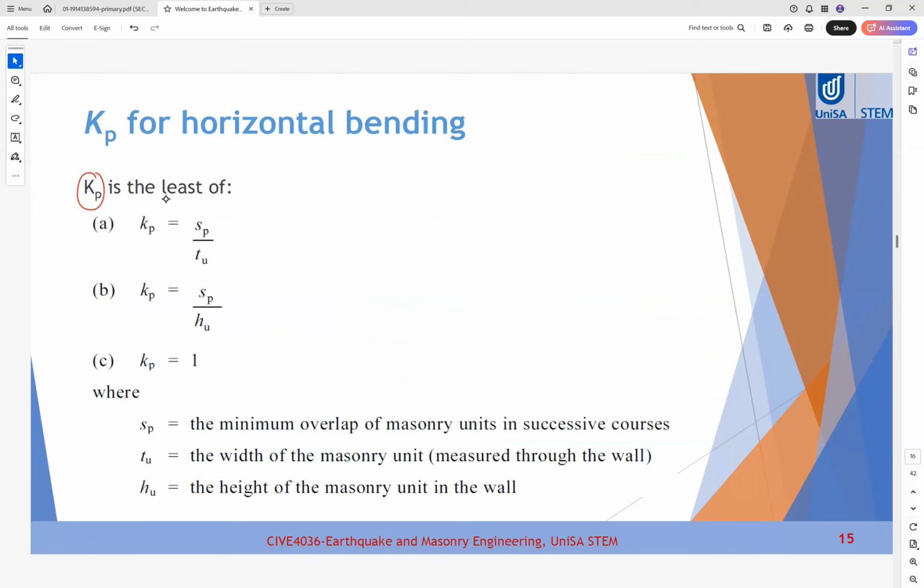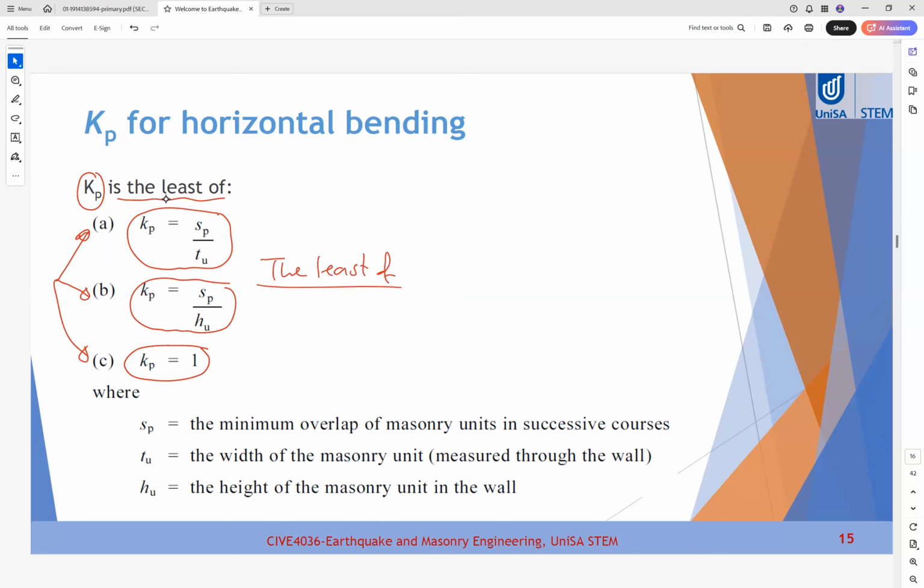KB is the least of three values: KB equal to SCB over TU, KB equal to SCB over HU, and KB equal to 1. So you calculate the three values and select the least of them.